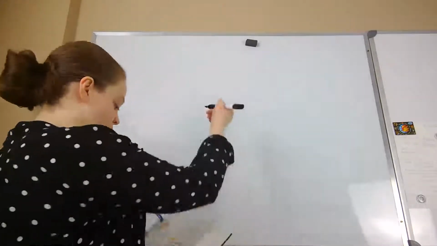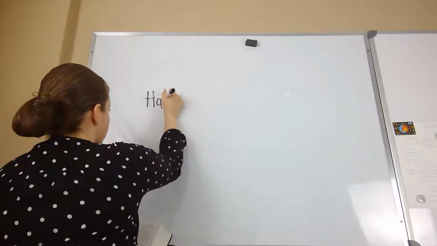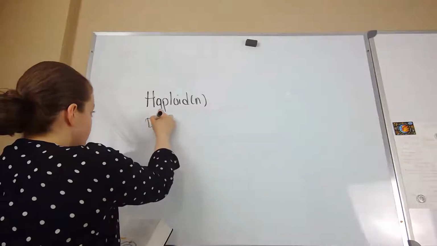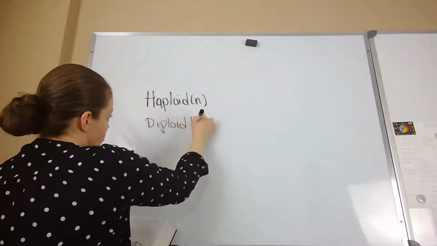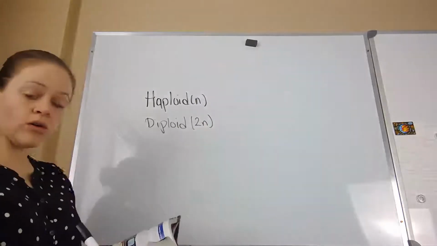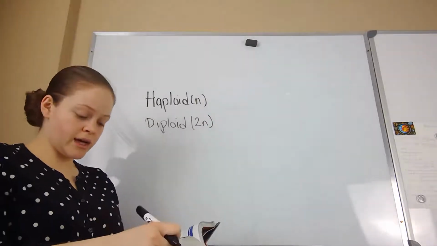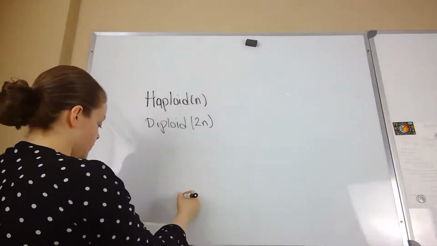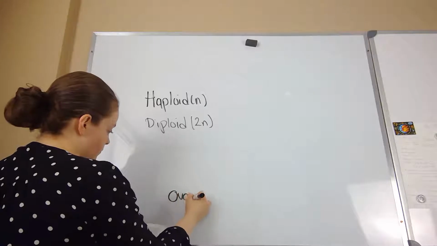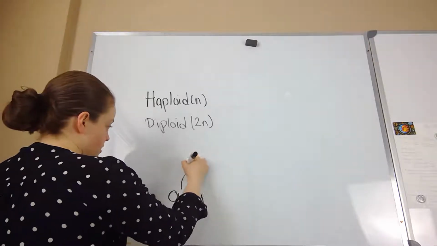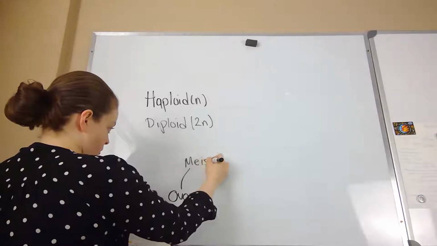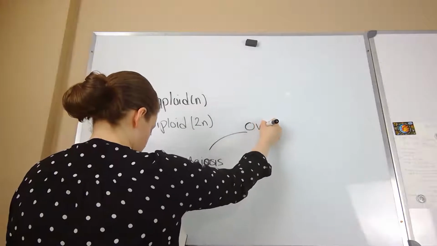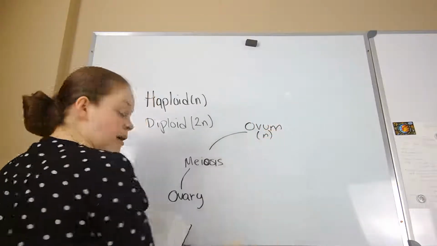So for example, if we say a haploid would be N, and then a diploid would be 2N. Then the ovum has the haploid, and then it goes through fertilization, and it gets a zygote. So basically, you have the ovary, and it goes through meiosis, and then that goes to the ovum, which is where your N is, that's where you have your haploid, okay?